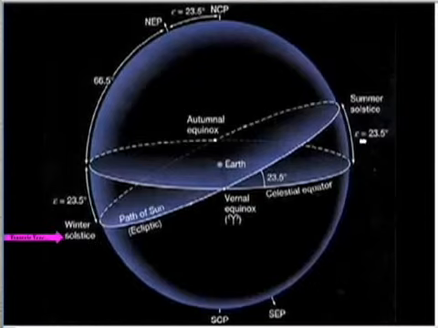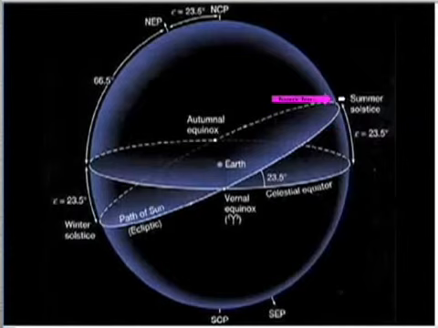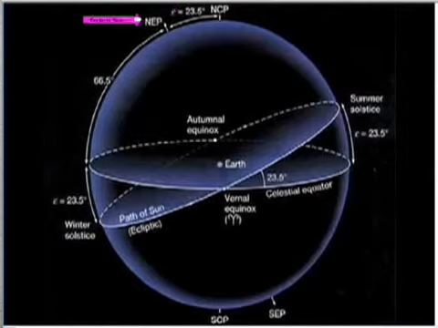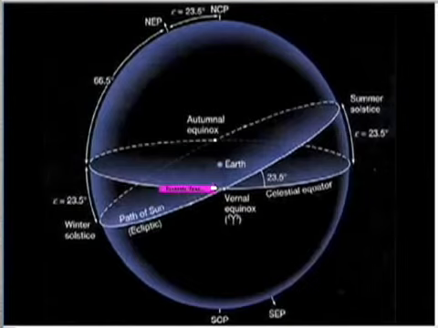And when it's 23.5 degrees north of the equator, it's called the summer solstice. So this is all because the axis of the Earth is inclined to the axis of the solar system by 23.5 degrees. This is every year, right? Every year. In fact, we measure our year by the equinoxes, not exactly by the number of days.